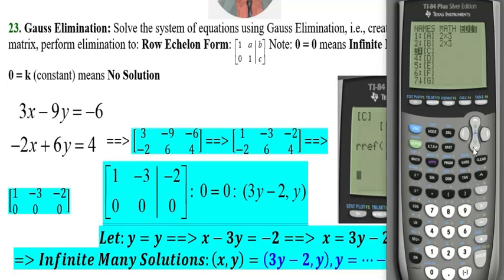Second matrix, edit, C, and it is 2 by 3. Then for X we have 3, minus 2.